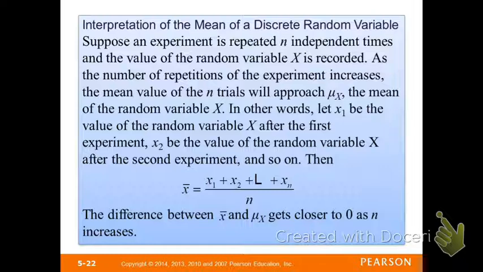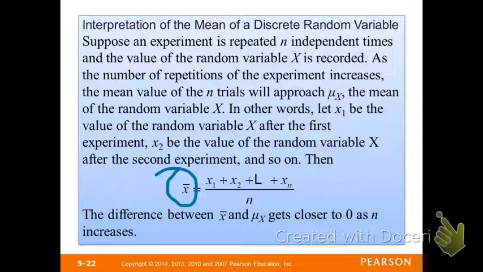Okay? In other words, let x1 be the value of the random variable x after the first experiment, x2 be the value of the random variable x after the second experiment, and so on. Then our, again, x bar, remembering back, x bar is a sample mean.